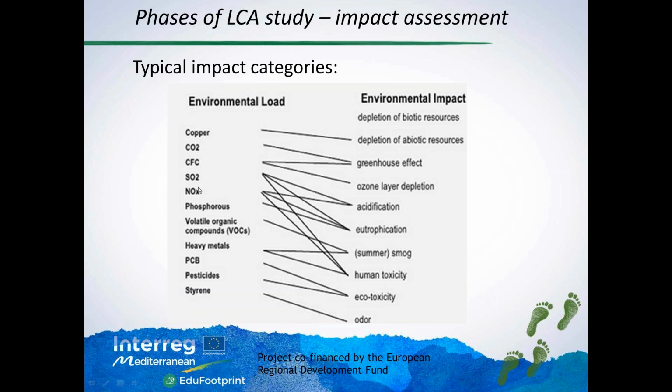I mean that all these kinds of pollutions make a different environmental impact, and some of them make different kinds of environmental impacts. For example, CFCs have impact on greenhouse effect and on ozone layer depletion.